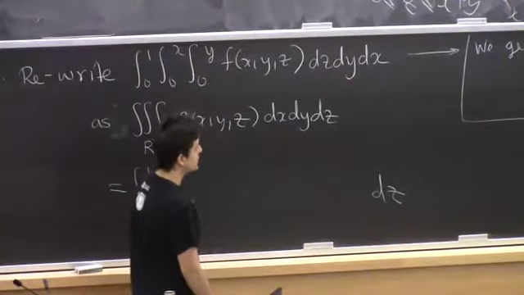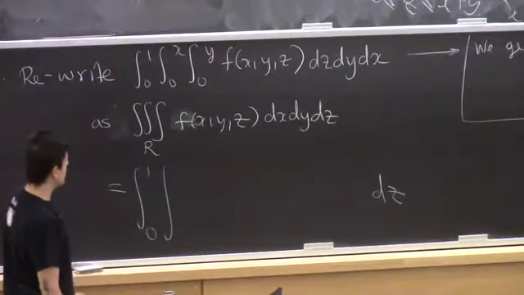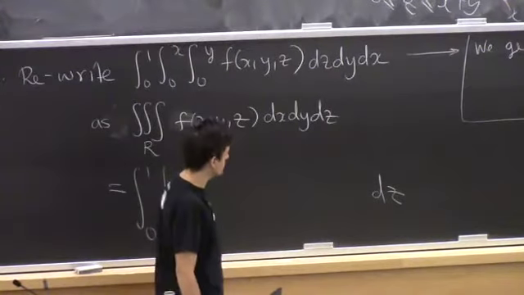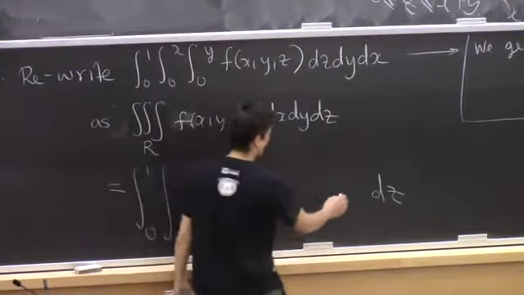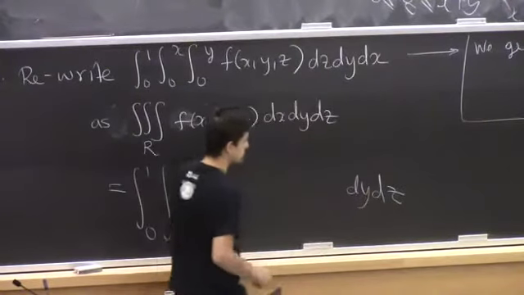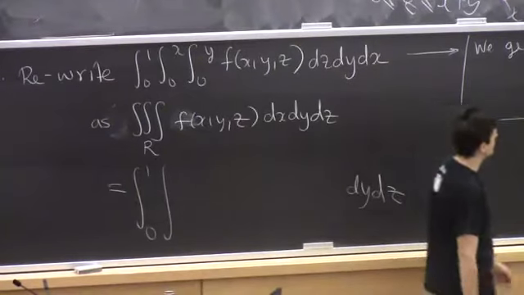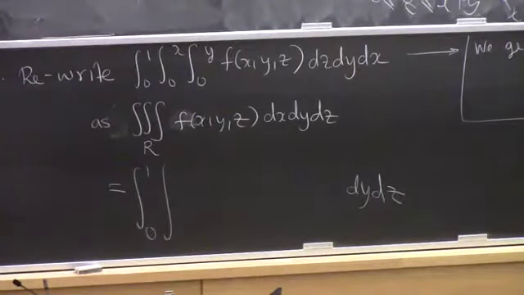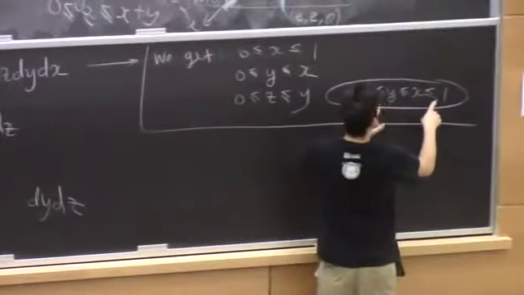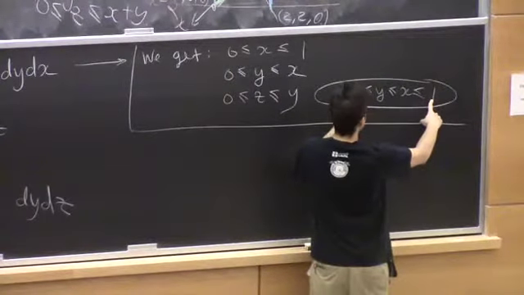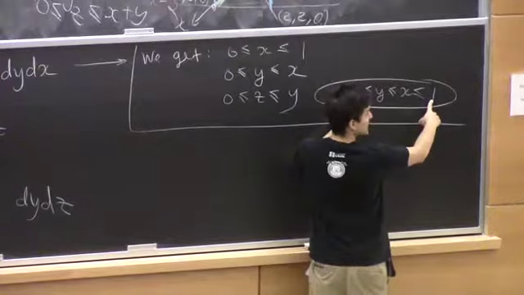Okay, now we need to rewrite with dy coming next. So with dy coming next, we've got that y is sandwiched between z and 1. The smallest that y can be is z, and the biggest it can be is 1.